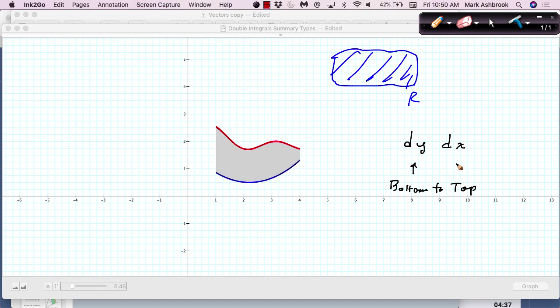So bottom to top first, then, so for an arbitrary x value, any x value, we integrate with respect to y, which means bottom to top, and then once we've done that, we get a strip. And now we're going to integrate all those strips, starting from left all the way to right. So this animation is showing our type 1 order of integration.